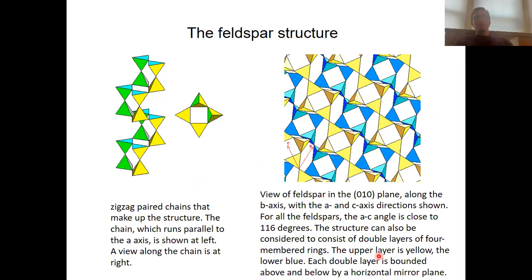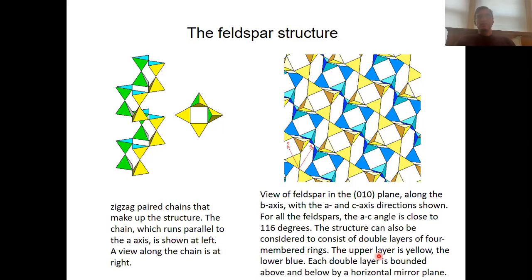Okay, let us look at a few concrete examples for each class of tectosilicates. So I previously mentioned the feldspar is the most abundant mineral in the Earth's crust. So we should probably know its structure.